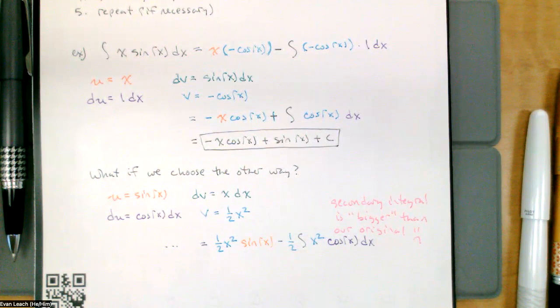That didn't make anything better. We don't want our secondary integral to be worse than what we started with. At this point, what you do is say, well, this got worse, so I'm going to go back to my original and try switching those two things. That is the first step in troubleshooting a parts problem. Go try the parts the other way.